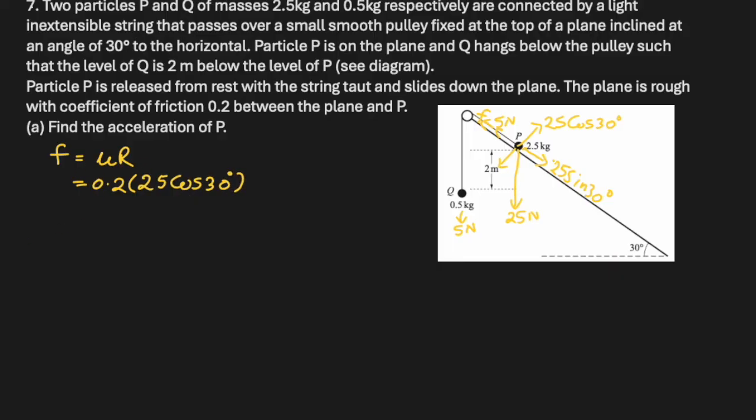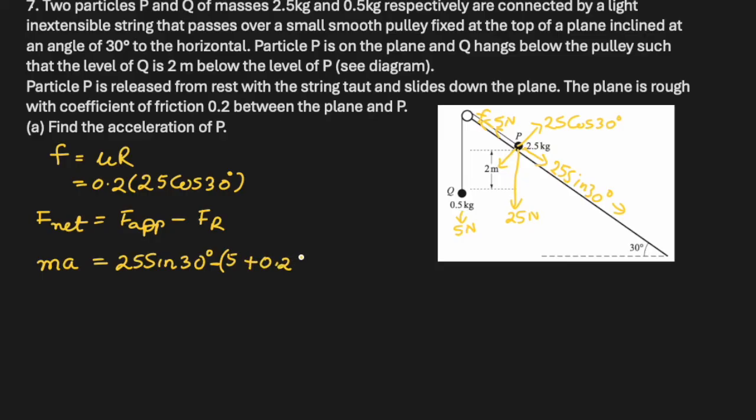Let's find the acceleration with this. We know that F net is applied force minus resistive force, and F net is mass times acceleration. The applied force in this case is the force bringing it down, this 25 sin 30. And there are two resistive forces: 5 Newtons, and a resistive force 0.2 times 25 cos 30 degrees.